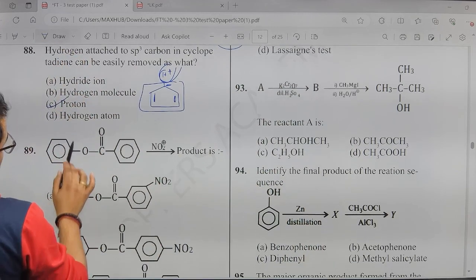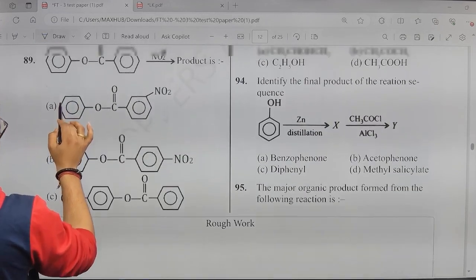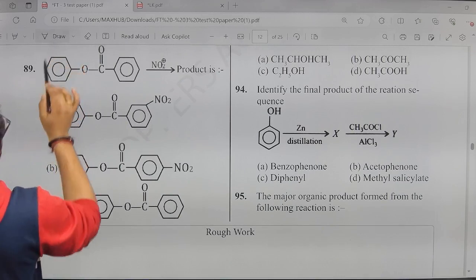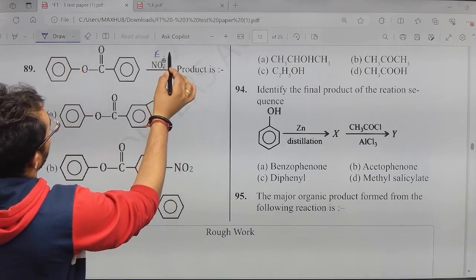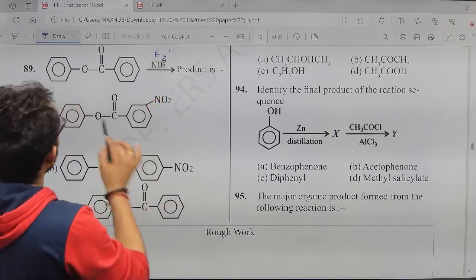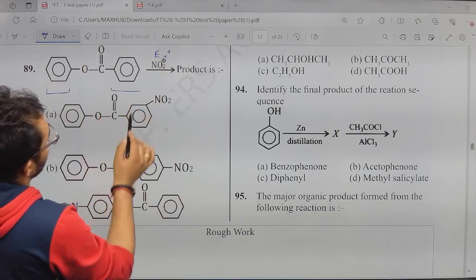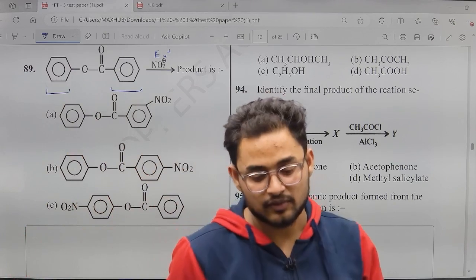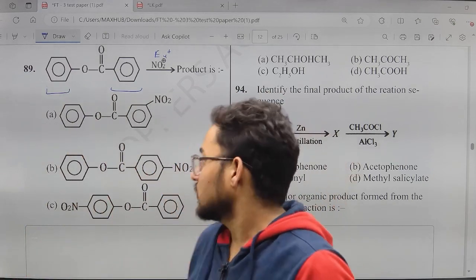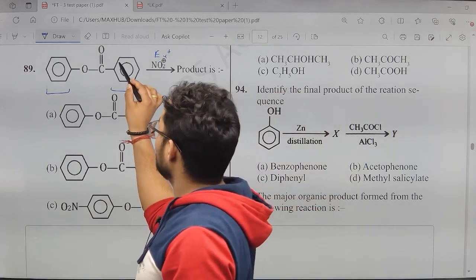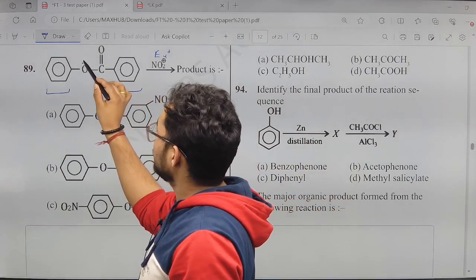Now question number 89. If you see NO2 plus, it is an electrophile. So obviously, out of these two rings, the ring that will act as a good nucleophile will attack the electrophile, and you can see that it is showing plus R effect.